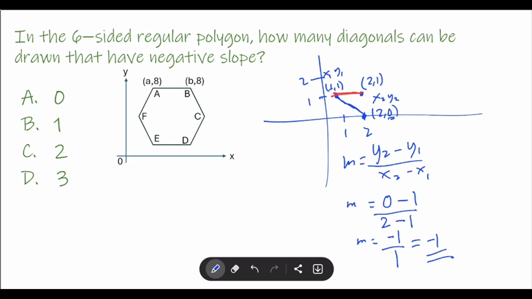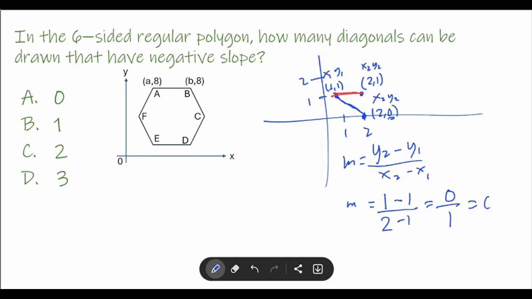If you compute the slope for that, it's going to be 1, which is the y2, minus the y1, which is 1, over x2, which is 2, minus the x1, which is 1. So this is 1 minus 1 is 0, over 2 minus 1 is 1. So it's 0. And if it's upwards, then it's going to be positive.